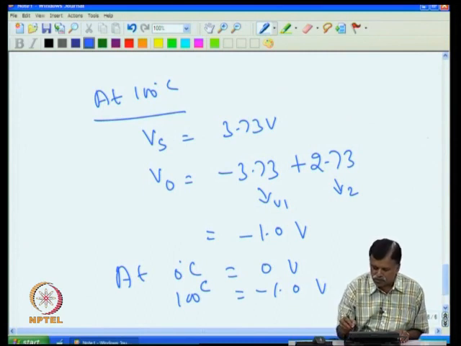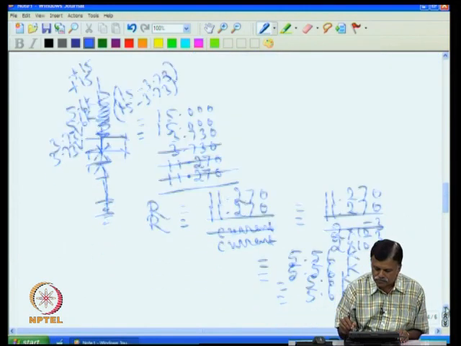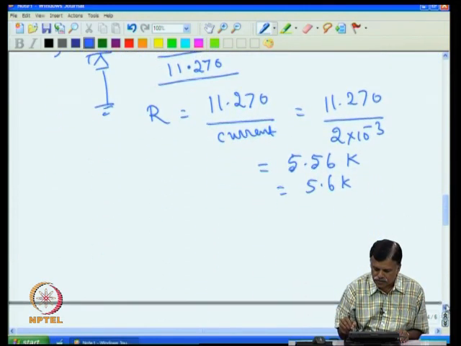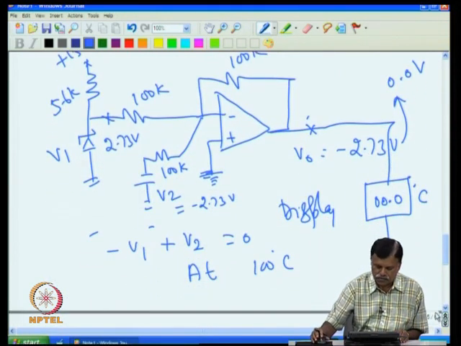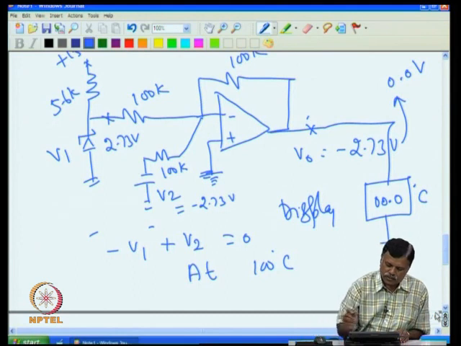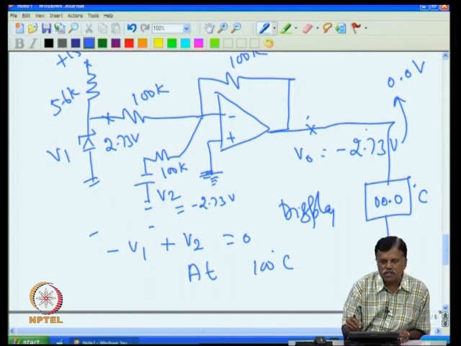Now if I go back to the earlier circuit, we have achieved 0 volt at 0 degree C by connecting minus 2.73 volt at this point. But then this voltage must be stable. If this changes, then the output voltage also will change, and that gives an erroneous reading.